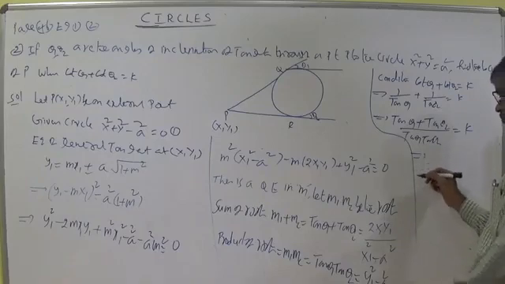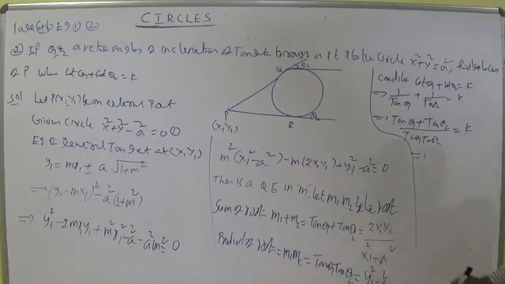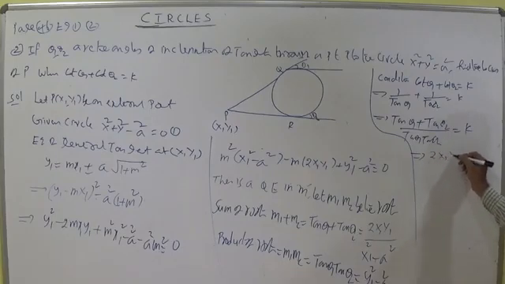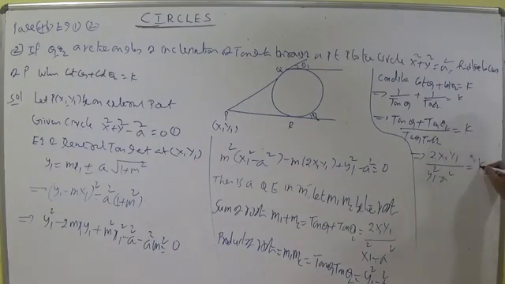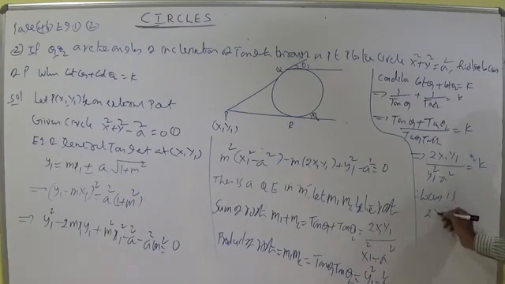Using the sum of roots, tan theta 1 plus tan theta 2 is 2x1 y1, and the x1 square minus a square will get cancelled, giving 2x1 y1 by y1 square minus a square is equal to k. Therefore, write the locus: 2xy is equal to k into y square minus a square.